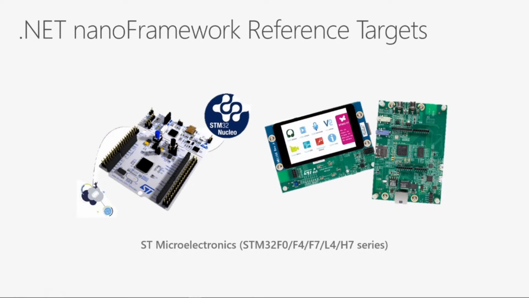With this, the F0 will be the smallest one, on which you can find 128K of flash and 64K of RAM, and the F7 would be the most powerful one, the more beefy device that we have there.